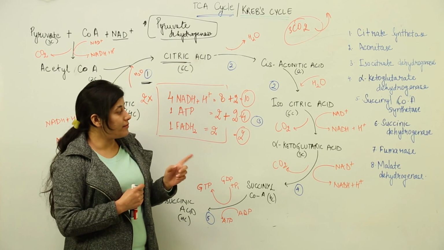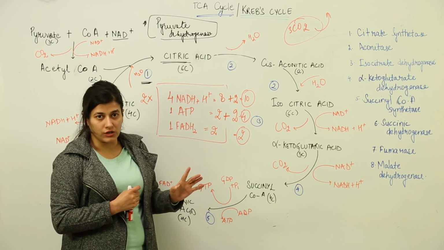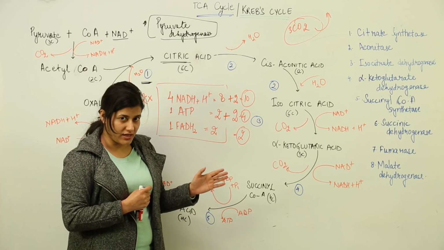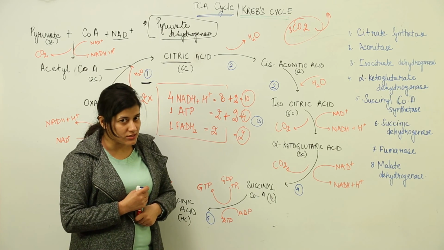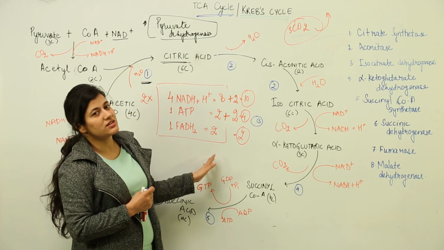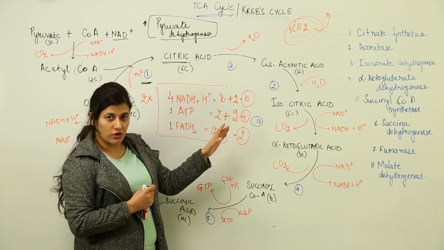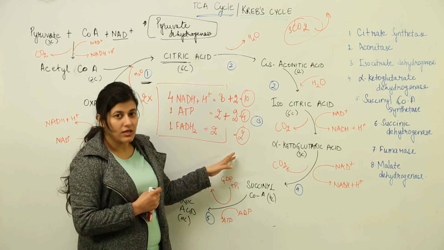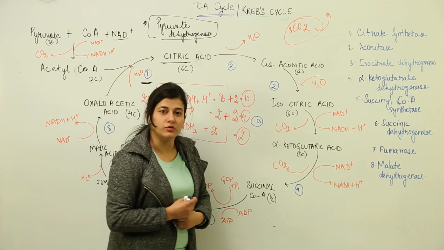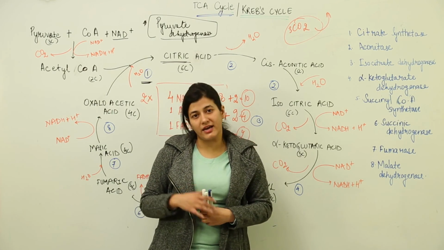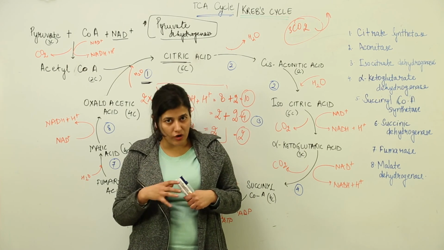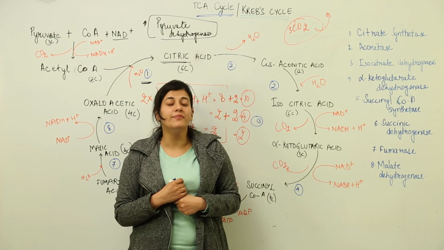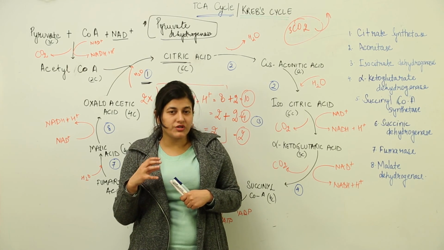Until now, remember, we have nowhere discussed oxygen. Now the next step of aerobic respiration is ETS, the electron transport system. It would give rise to what was there in the equation, that is the oxygen and the ATPs. We would see that the electron transport system takes place inside mitochondria, not inside the matrix of mitochondria, but in the mitochondrial membranes.